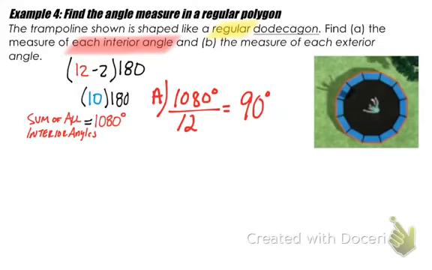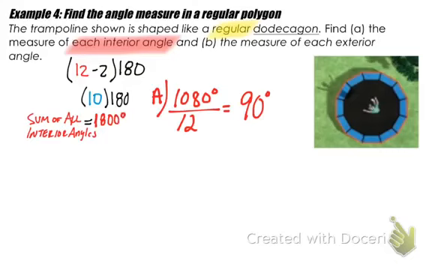Wait a sec, let's scrap that for a second. I realized I made a mistake. It's not 1080, it's actually 1800. So let's erase this really quick and write down the correct answer. The sum of the measures of the interior angles of a dodecagon is 1800 degrees.